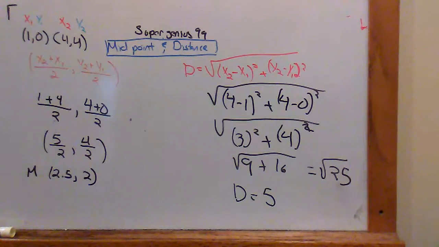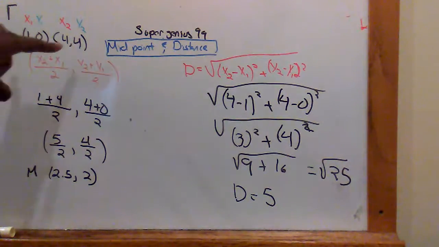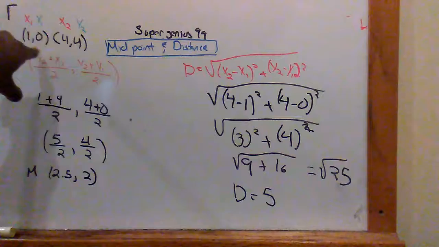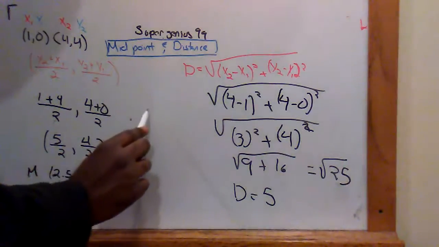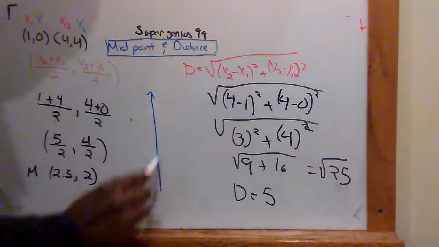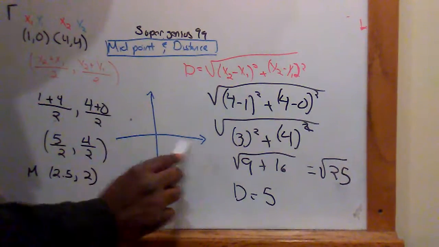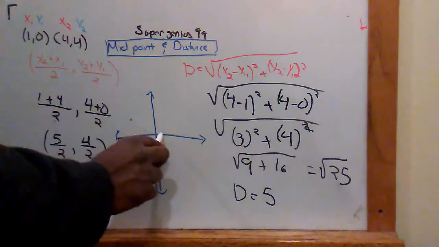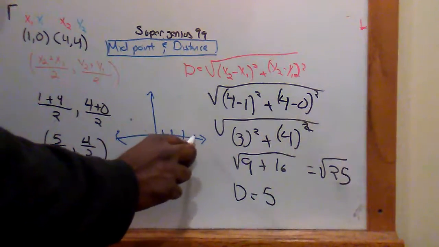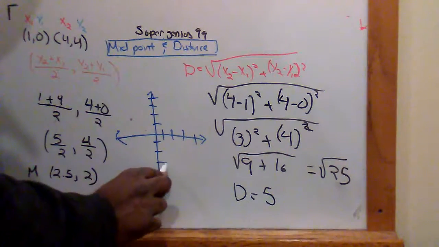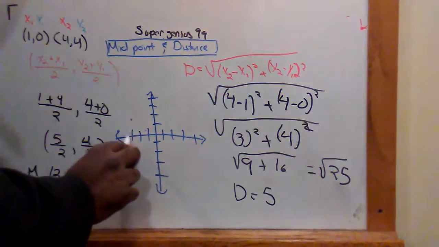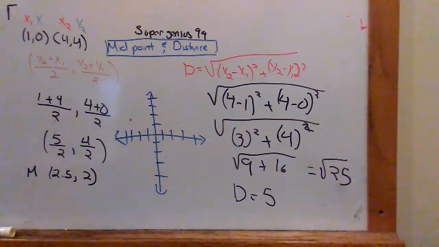Okay, so what does all this mean? It means if we have these two points on a Cartesian coordinate plane, let's graph it. If we were to have the point (1, 0), so where's (1, 0)?